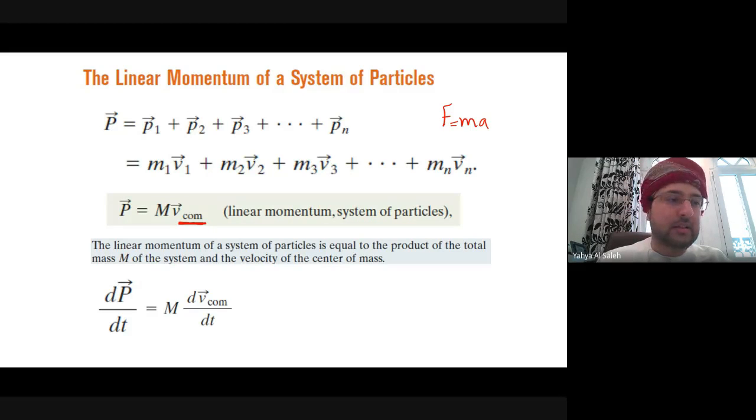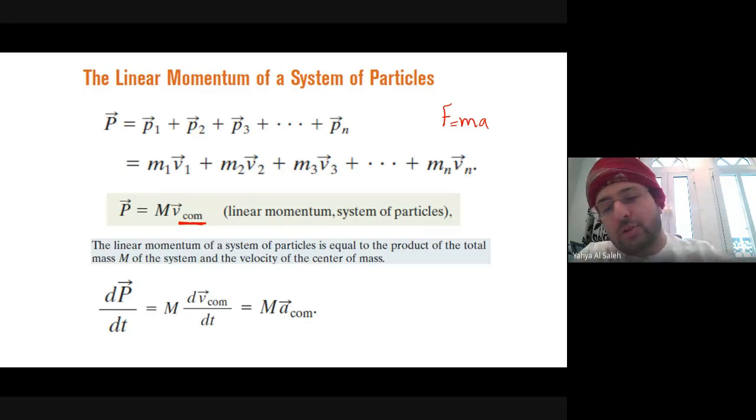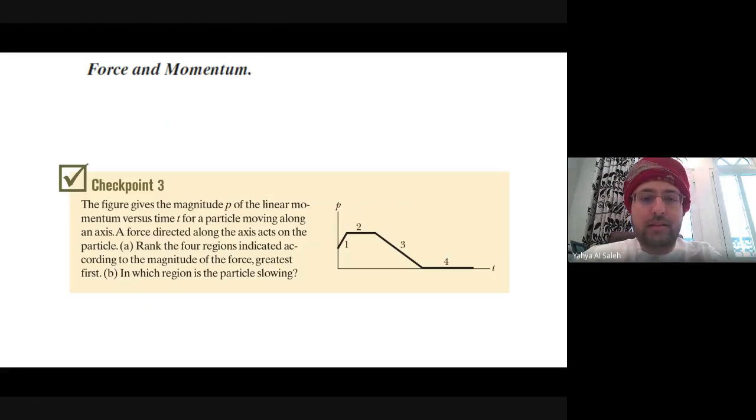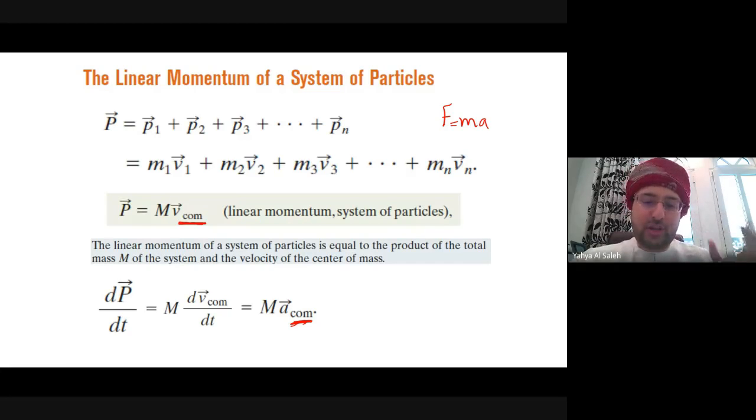What is dv by dt? dv by dt is a, which means dp by dt is ma. I'll ignore the center of mass thing at the moment, because I will come back to it in 9.6. But the key point is that the rate of change of momentum, how quickly momentum changes, is our force. And as we move on throughout this chapter, it will become clearer and clearer why this happens.